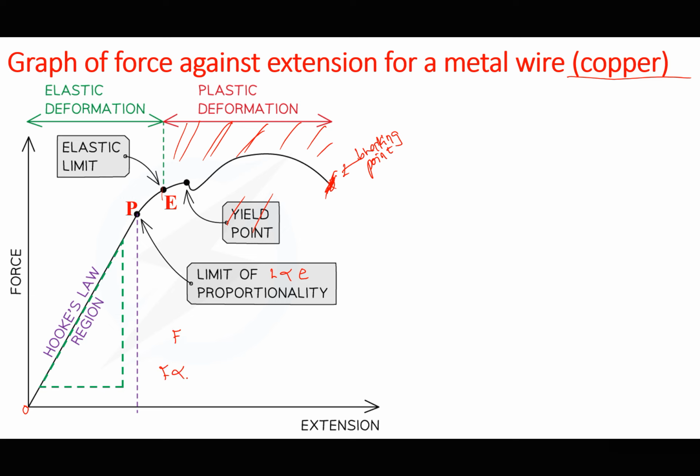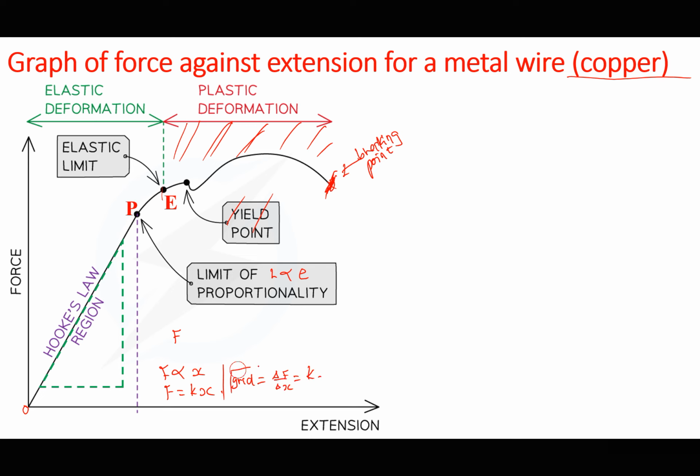When I introduce a constant and an equals sign, the load F is equal to a constant times the extension X. So the gradient of F against X, the change in F over the change in X, is going to be equal to k.